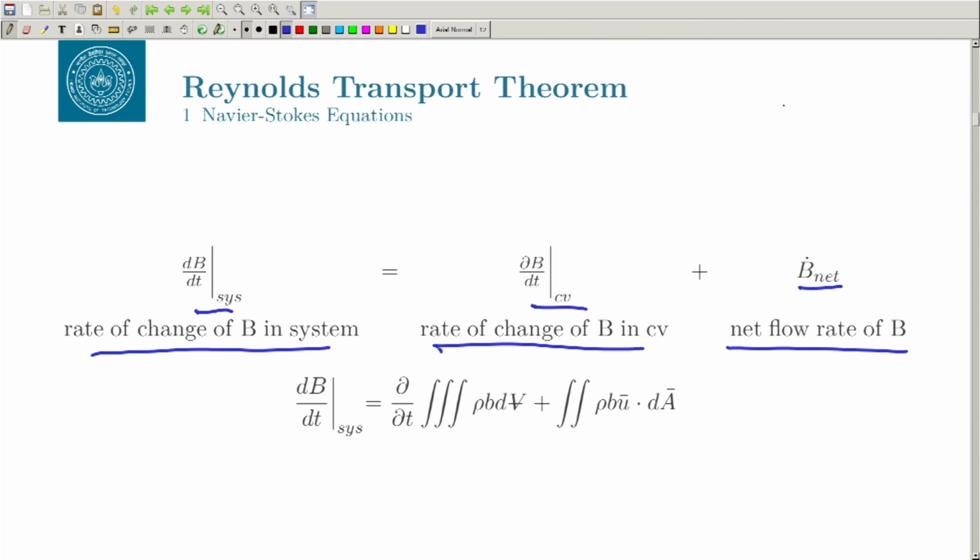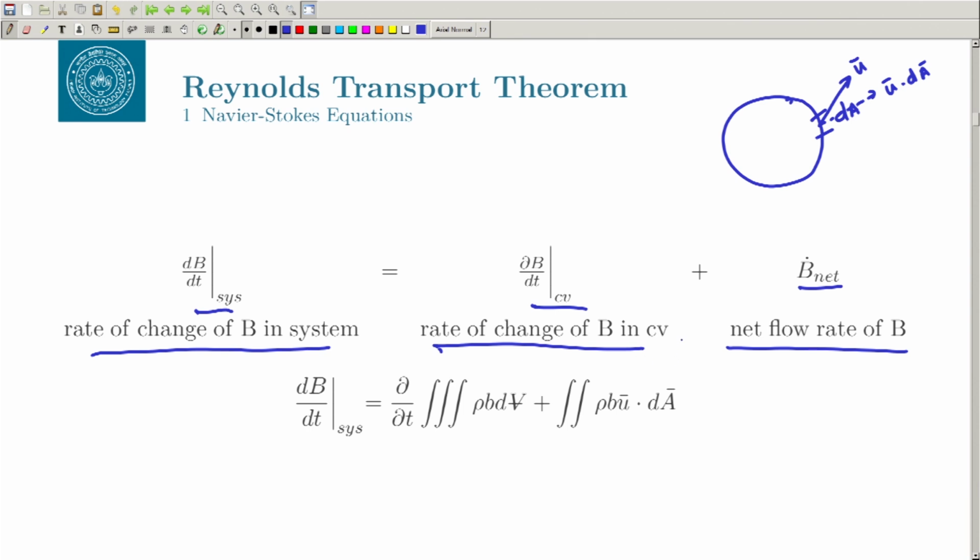If I make a control volume like this, and let us say this is my elemental area dA, and there is a velocity here, u, at which any quantity is going out, then you will have this normal component, u dot dA.